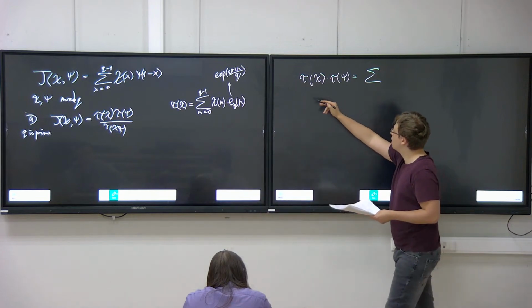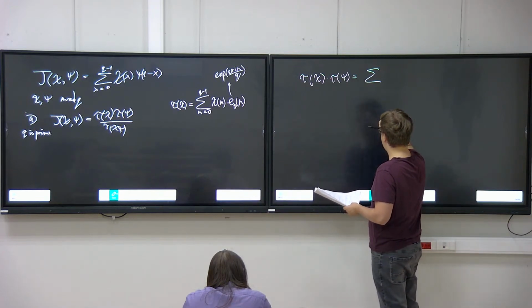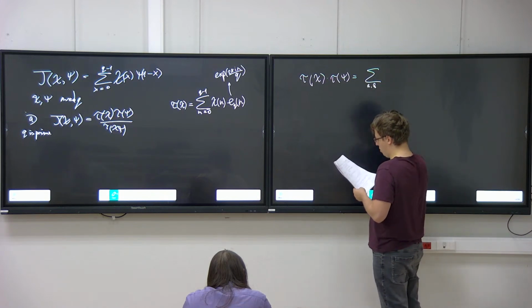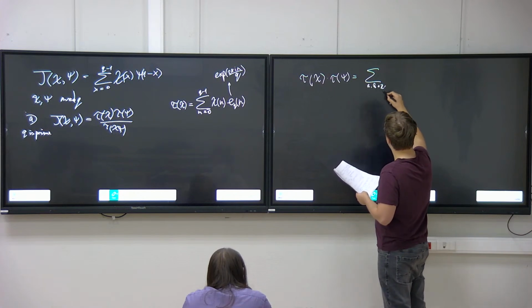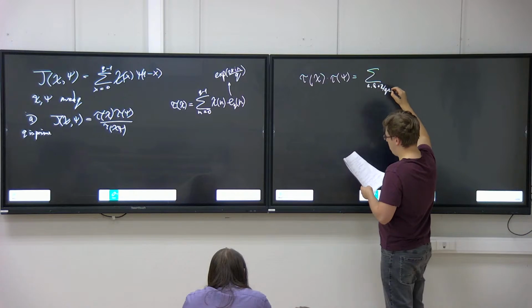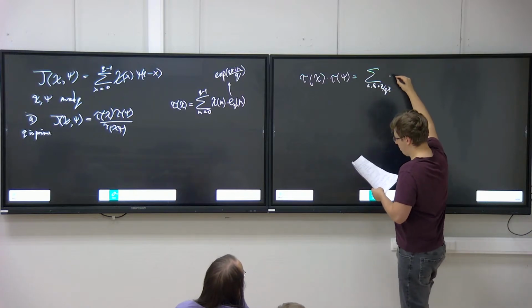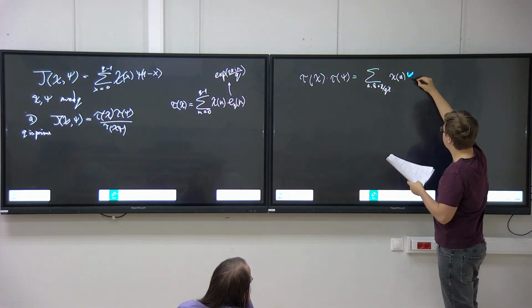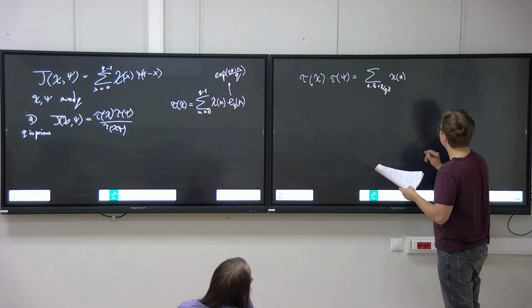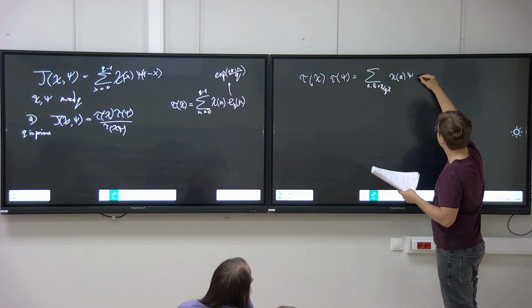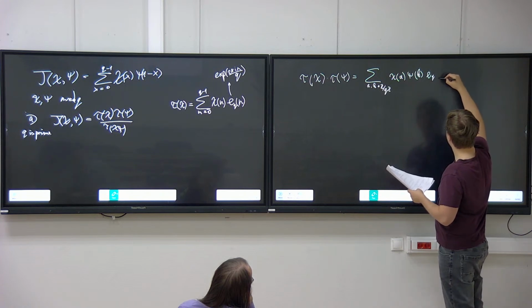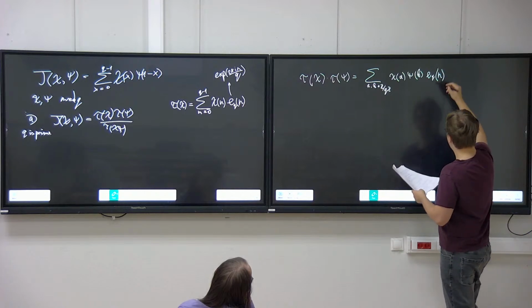So what is the product of tau of chi multiplied by tau of psi? It's the sum over a and b of chi of a, psi of b, and exponent of 2 pi i over q times (a plus b).